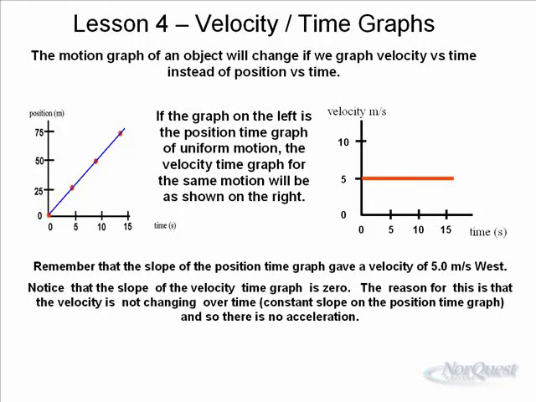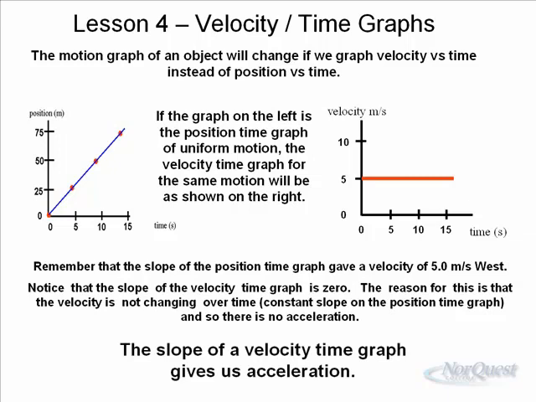Notice here on the right hand side that the slope of the velocity time graph is 0. This is an important revelation. The reason for this is that the velocity is not changing over time. It's a slope on the position time graph, and so there is no acceleration. It turns out that the slope of this velocity time graph actually gives you the acceleration.